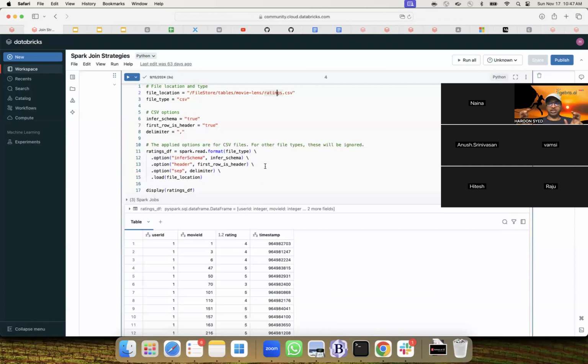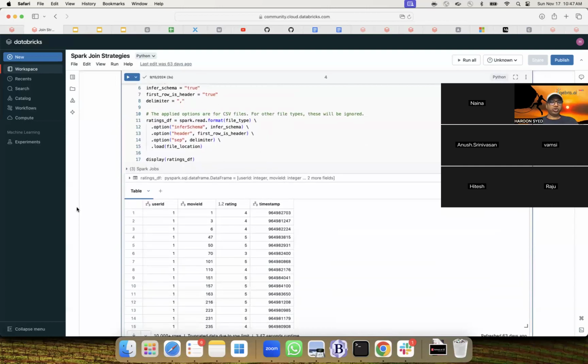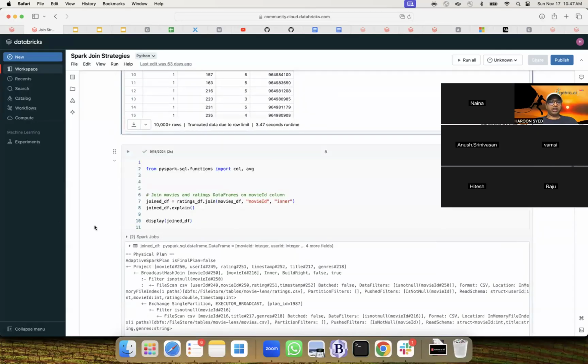What happens with the strategy when we run these data sets.